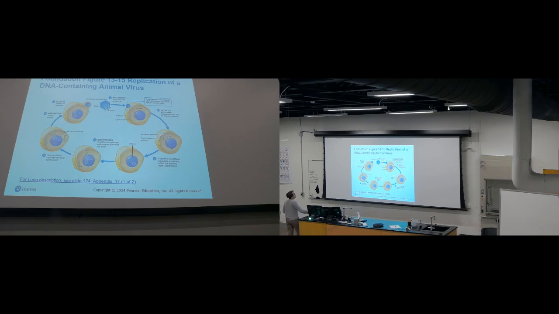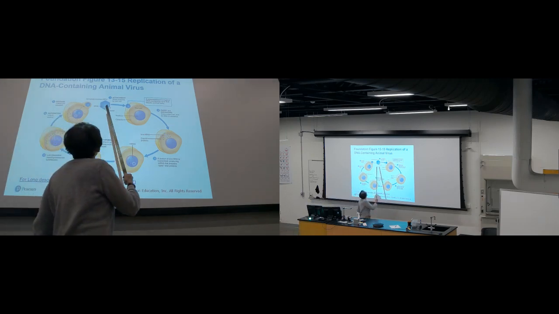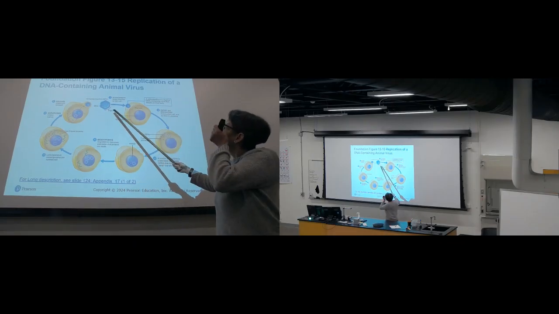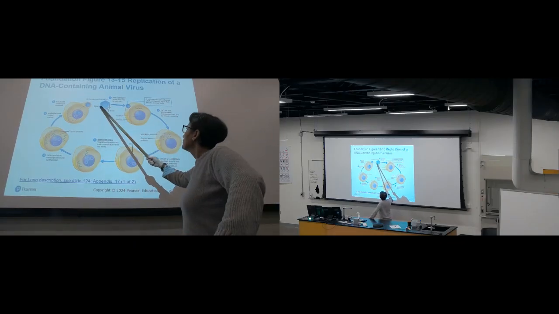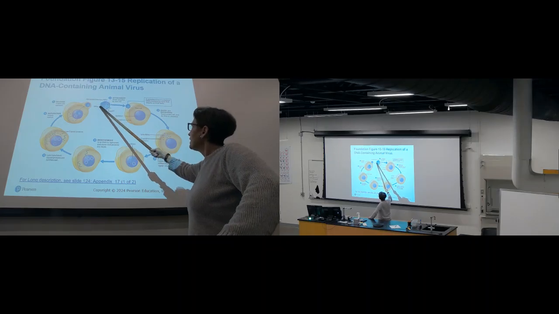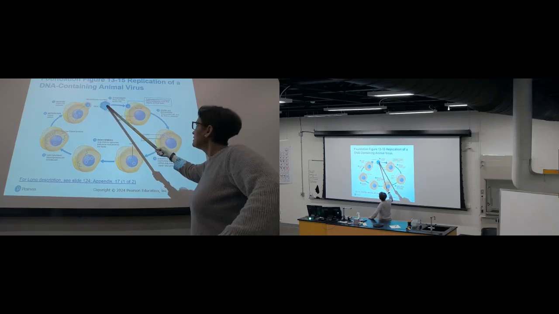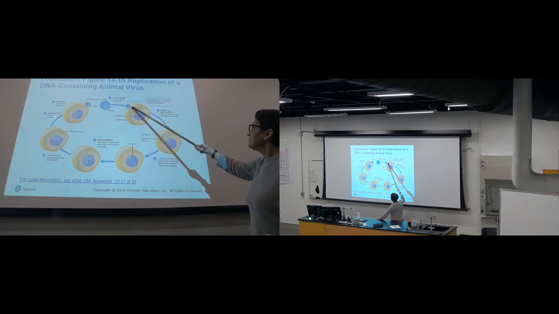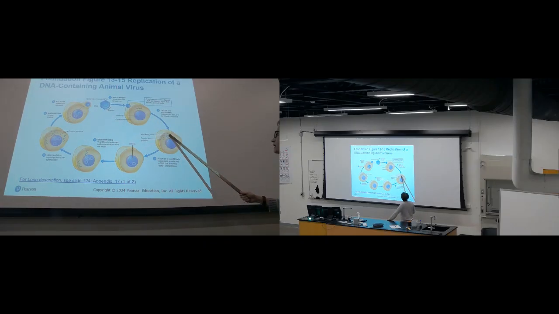So here we have this example of this DNA virus. In this case, this is HPV. So this virus has this capsid, this DNA, attaches into this host cell, and then it will penetrate or enter in, and then uncoat.